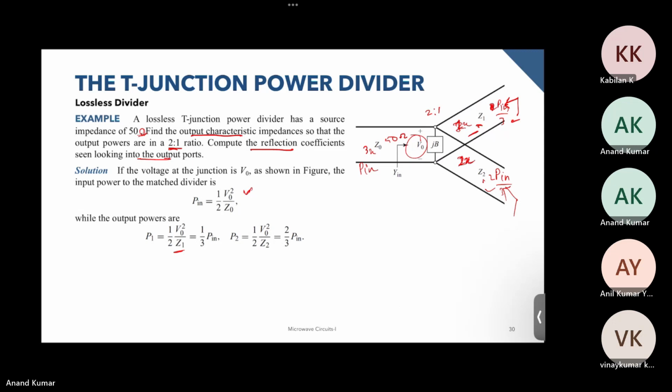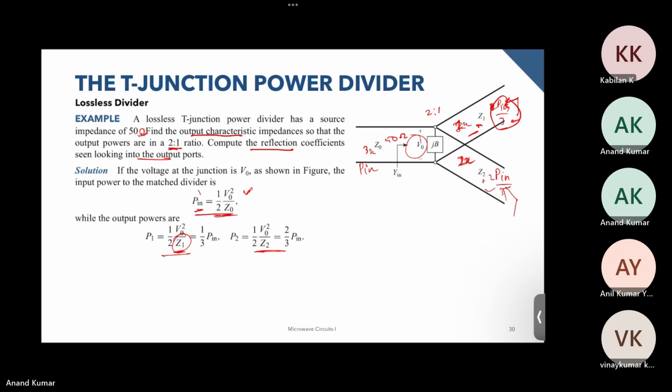So we have the power as P_in by 3, and the output power is given by half V naught square by Z1, and half V naught square by Z naught is P_in. Using these expressions, we can find the value of Z1, and using the other two we can find the value of Z2.